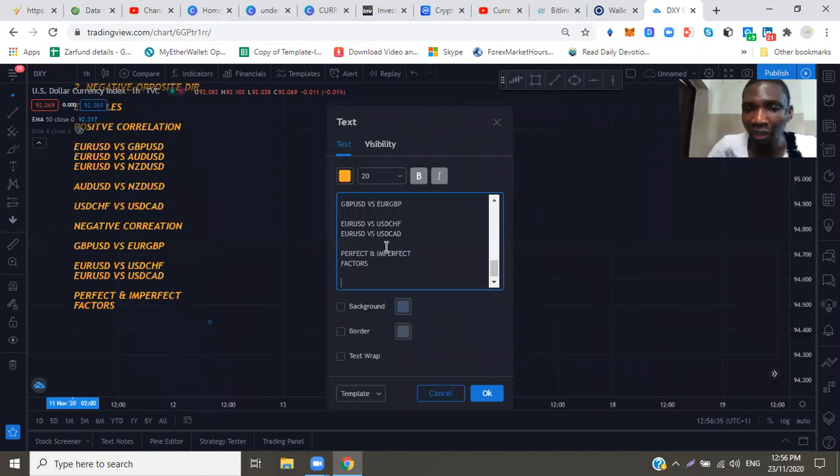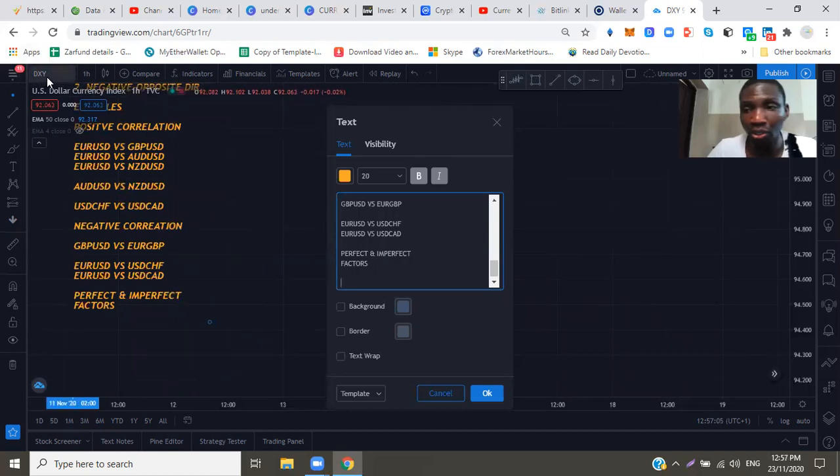In fact, the first thing you ask yourself is, why does correlation happen? Correlation happens because of linkages, because of interdependencies among economies. We know that whatever is happening on the US dollar currency, for example, we are on the DXY right now.